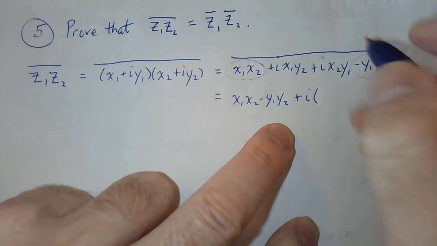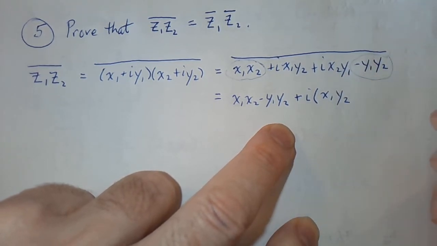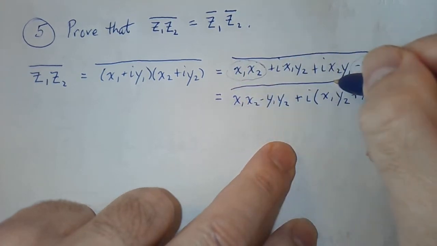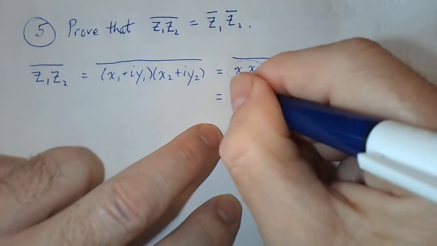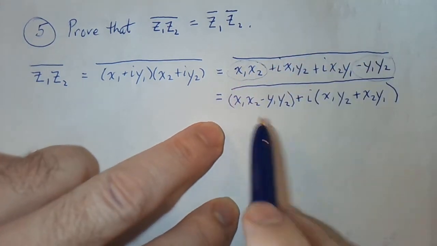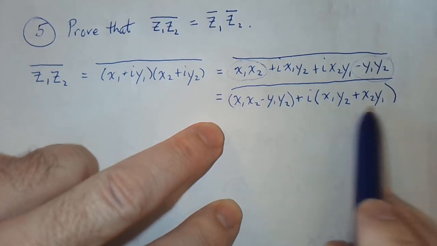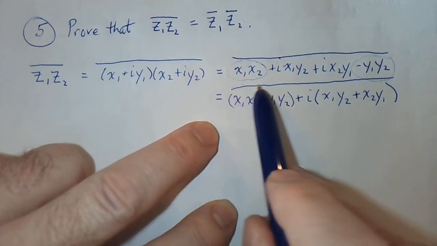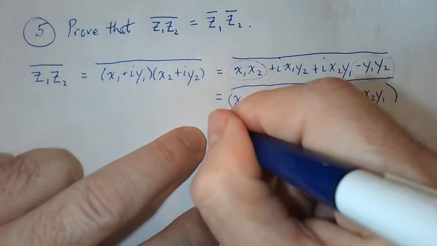That will give us x1 y2 plus x2 y1. And then we have the complex conjugate bar. Well, now this is just a complex number written in standard form. Here's a real number, that's the real part, plus i times another real number, the imaginary part. Okay, so for the complex conjugate, I'm going to remove the complex conjugate bar and turn this plus into a minus.